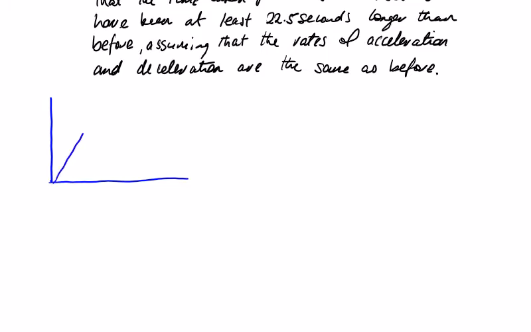So my car, it's going from rest to a max speed, it's going along, and then it's decelerating. So I call my acceleration A, my deceleration is 3 times that, 3a. The max speed was 40.